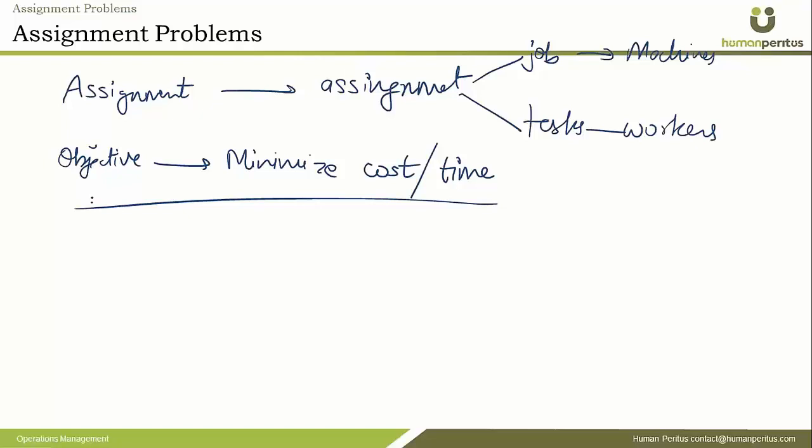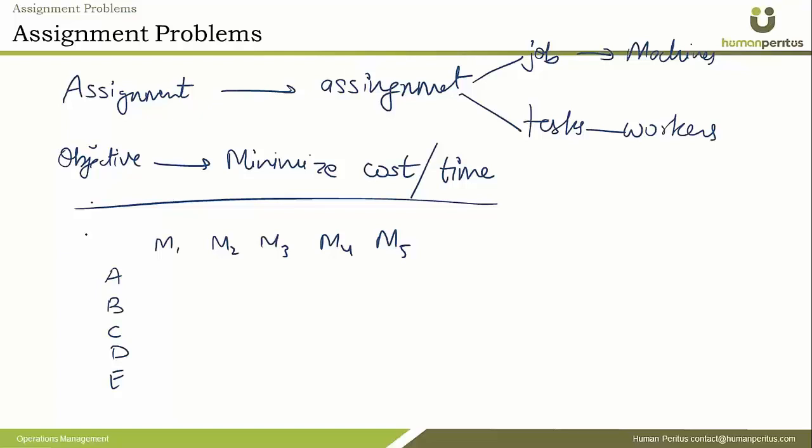So let us understand this with an example. Let us suppose there are 5 men at work. They are A, B, C, D, and E, and there are 5 types of machines available in the factory. So these are the machines. Now each worker can operate all of these 5 machines, but with varying efficiency. What does this mean?